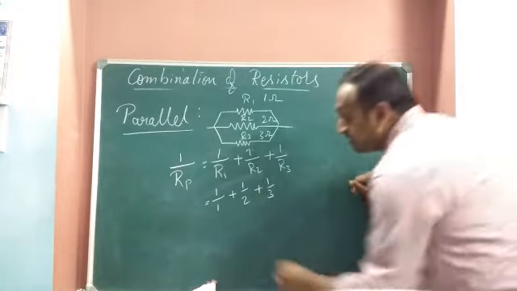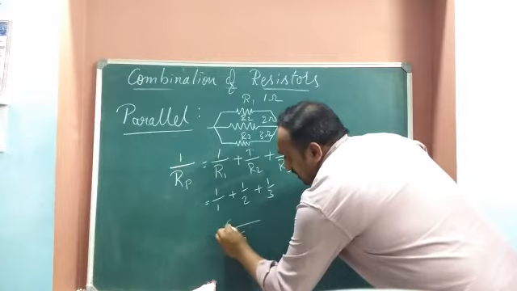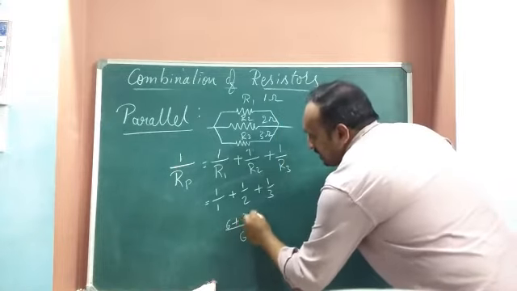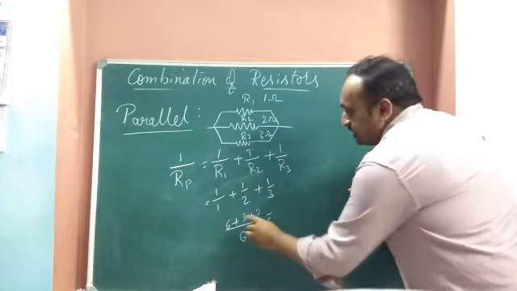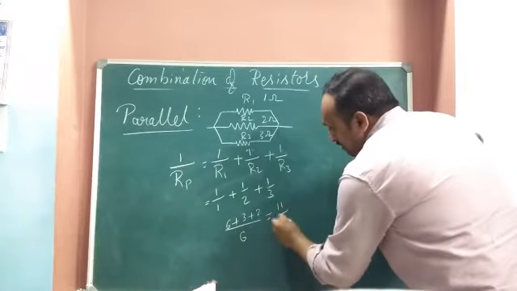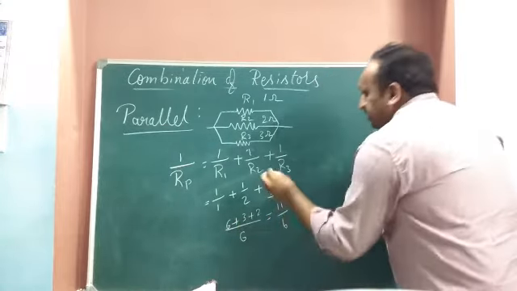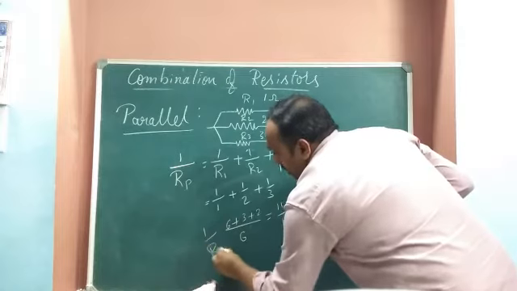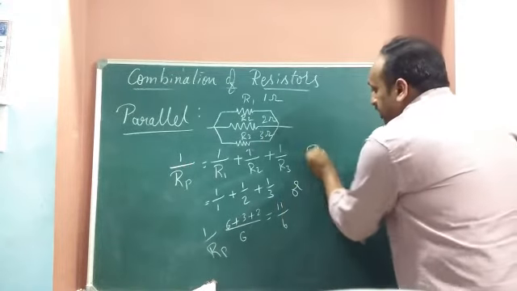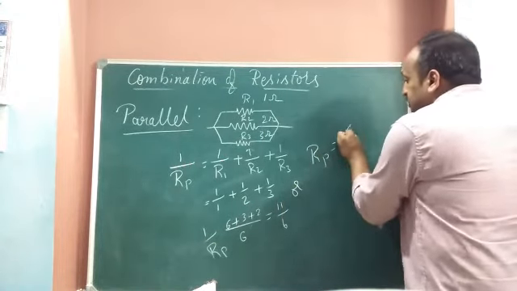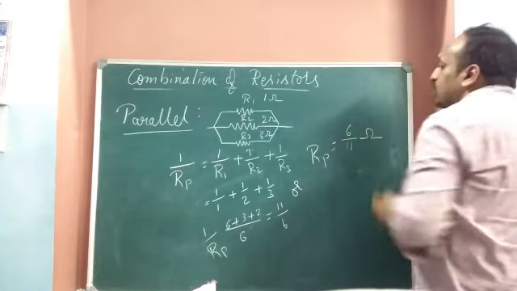So the LCM is 6. 6 plus 3 plus 2, that is 11 by 6. So 1 by Rp is 11 by 6, or Rp will be equal to 6 divided by 11 ohm.